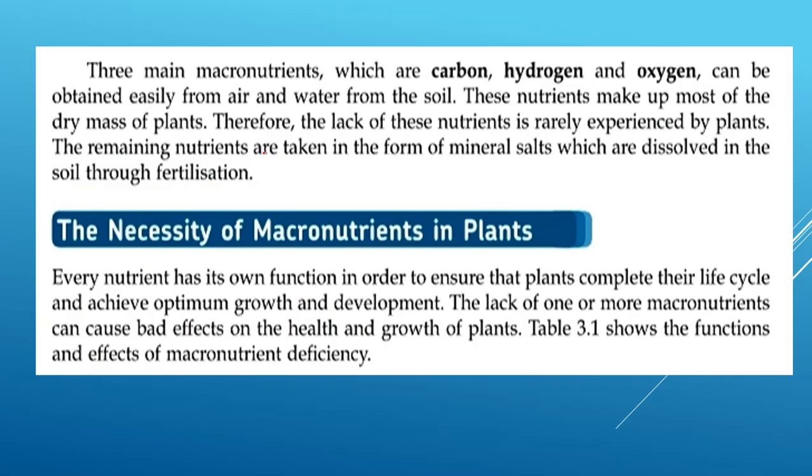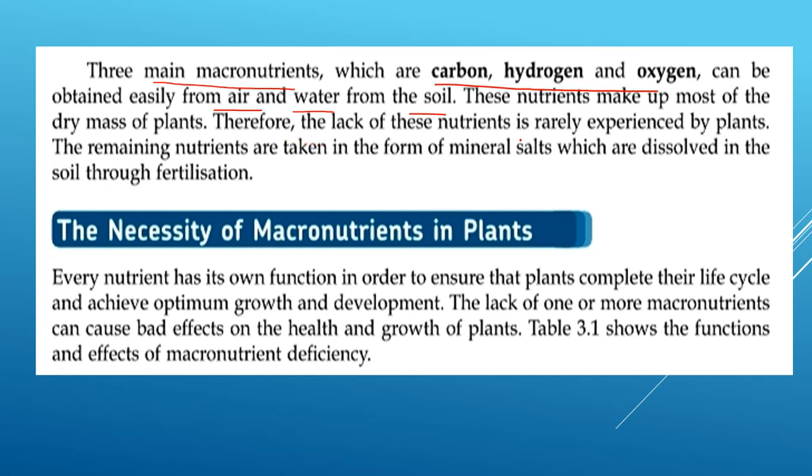Three main macronutrients are carbon, hydrogen, oxygen. Ini memang main macronutrient. Ia boleh diperoleh dengan mudahnya daripada udara, air dan juga tanah. So these nutrients make up most of the dry mass of plants.